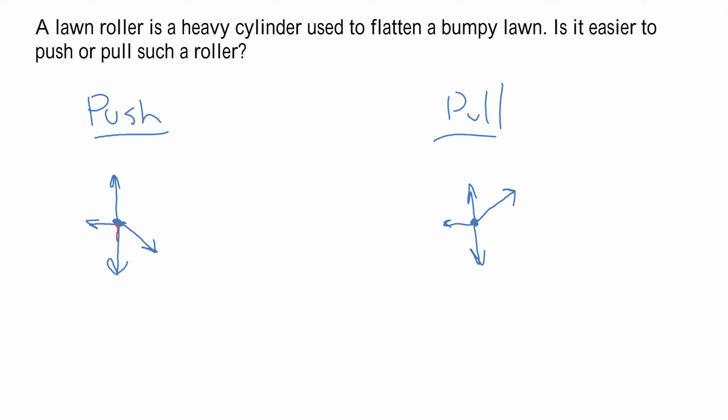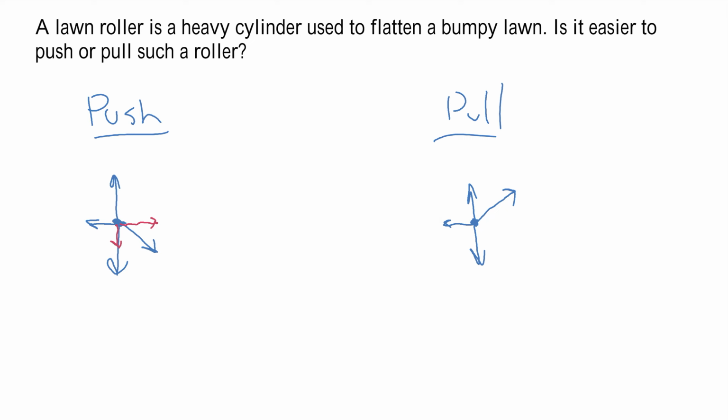Here I'd break this into components. I'd have a component of push down and a component of push this way. Now the component of push to the right is what the friction force is coming from, but the component of push down is adding to the weight, which is going to add to the normal force.